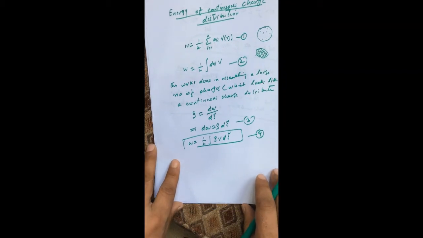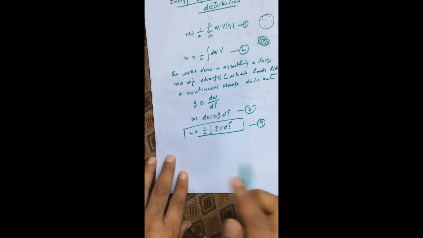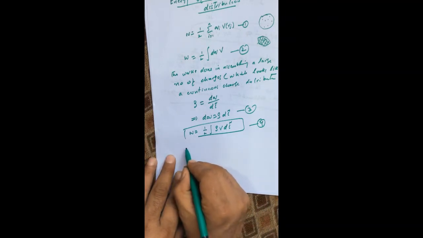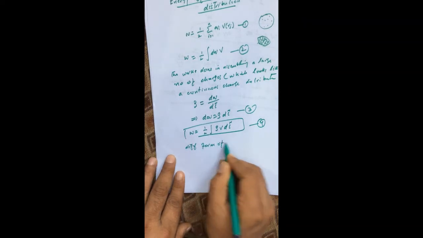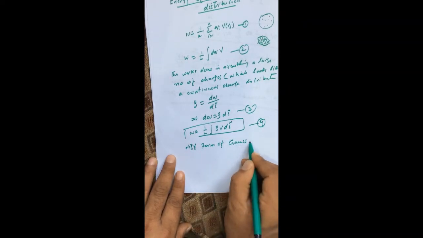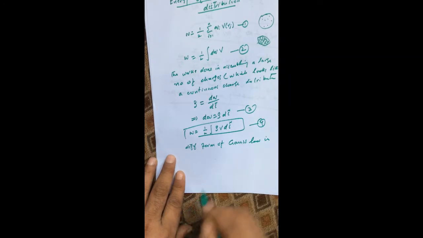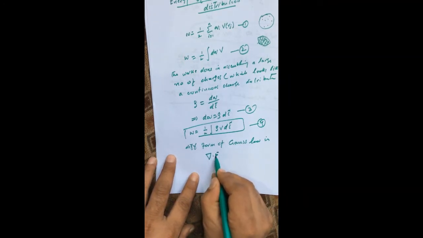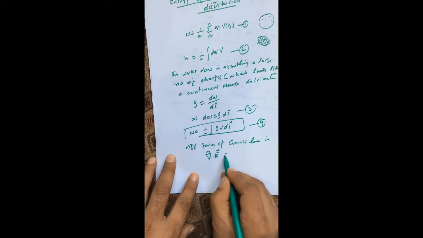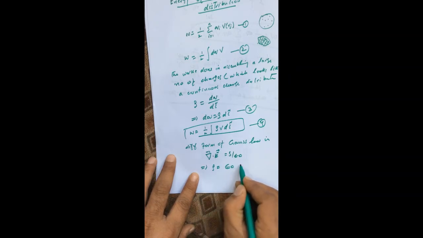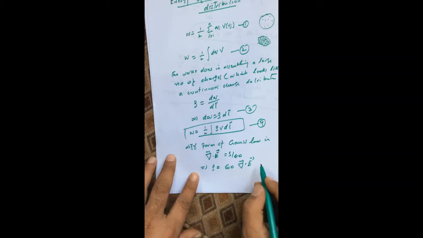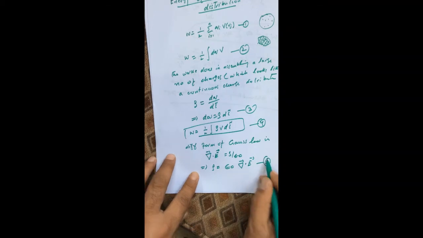Now the differential form of Gauss law is del dot E is equal to rho over epsilon naught. I can write from here rho is equal to epsilon naught times del dot E. This is equation 5.